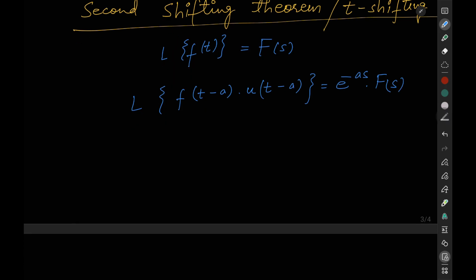Let's see an example for this. Suppose we have to find the Laplace transform of (t minus 2) into u(t minus 2).